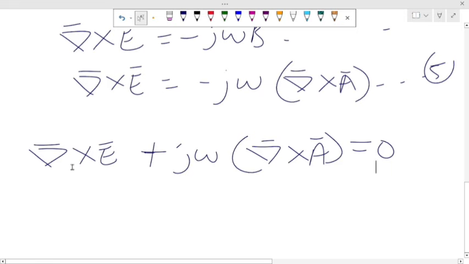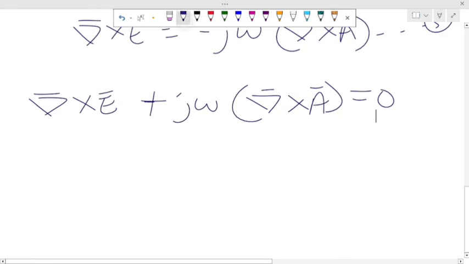So what happens next? You have the curl of an electric field, right? Then here you have the curl of A, which is a vector potential. So what are we going to do? Factor out curl. We have curl here, you have curl here.